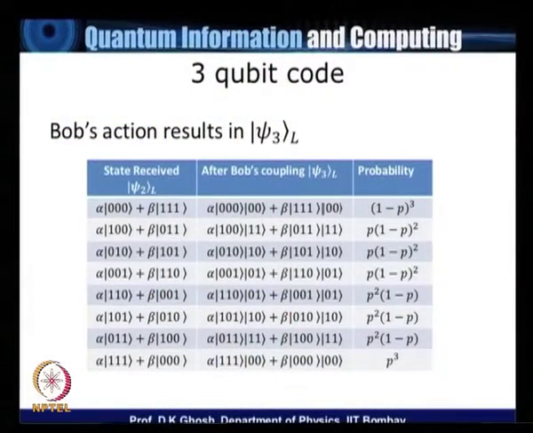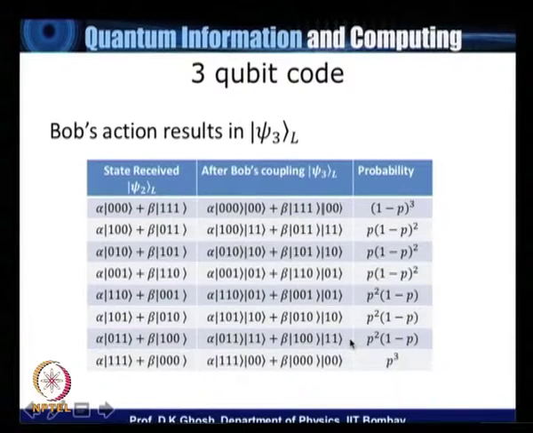This table, which is a little clumsy because there are too many items there, will convince you of the following: as a result of the operations that we did on the two ancilla bits, the first ancilla bit with the first and the second line as the control, and the second ancilla bit with the first and the third line as the control, will change the ancilla bits in such a way that the ancilla bit state in both these terms happens to be the same.